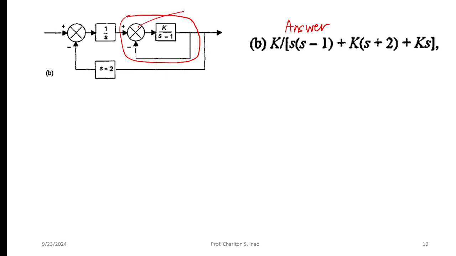So to eliminate the summing junction symbol, after this, now it will become one block. Then it is in series with this. We just have to multiply. Then it is in parallel now. So this whole thing is in parallel with this.